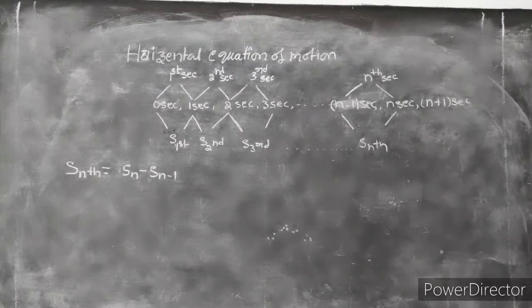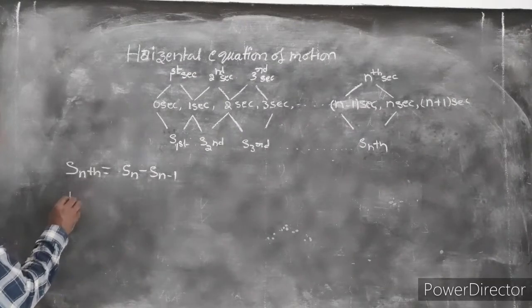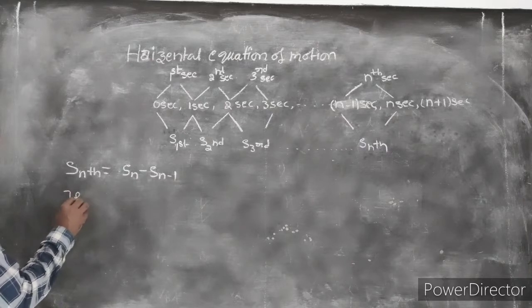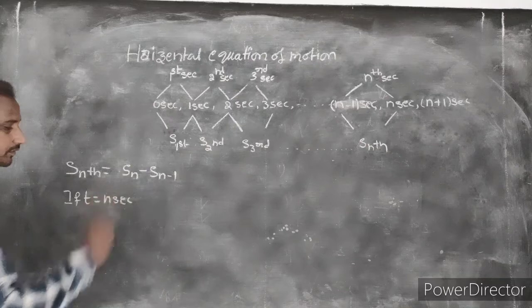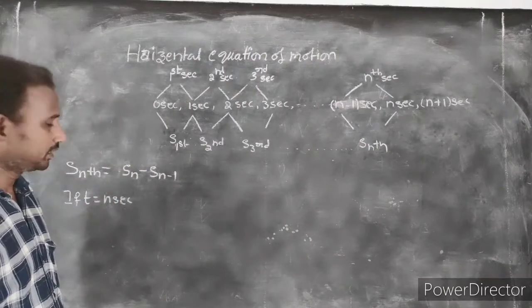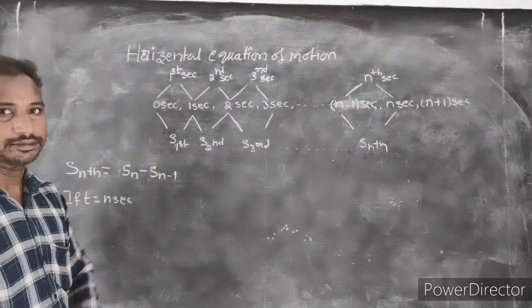Now just identify that if t is equal to small n seconds, we don't know that value, so for that reason we consider it as n.